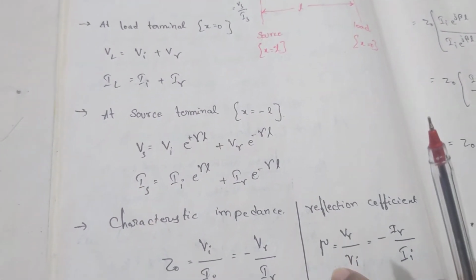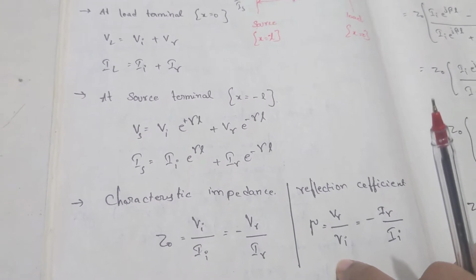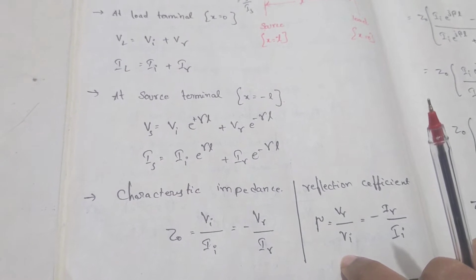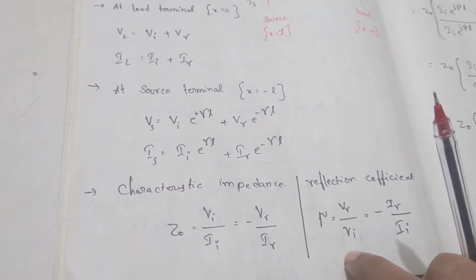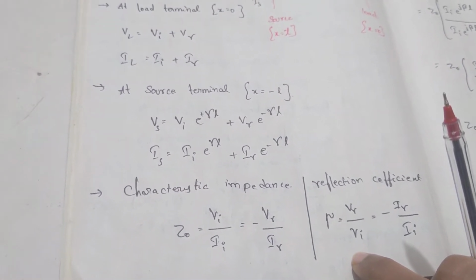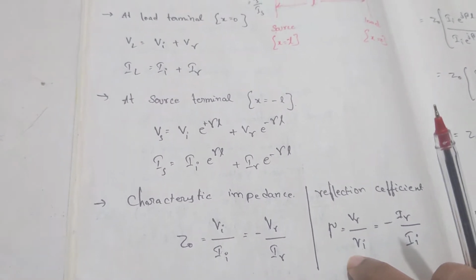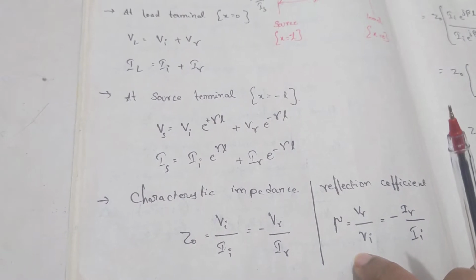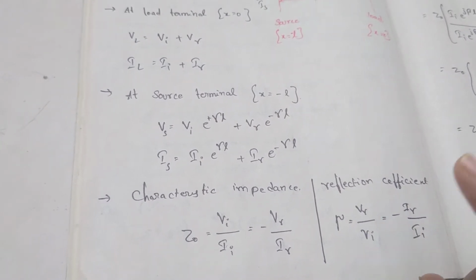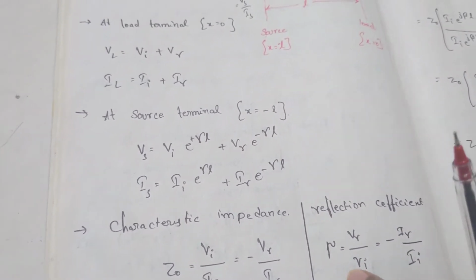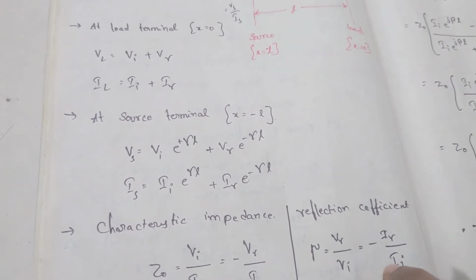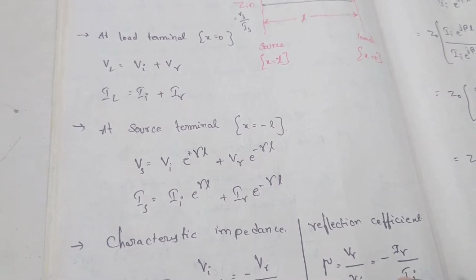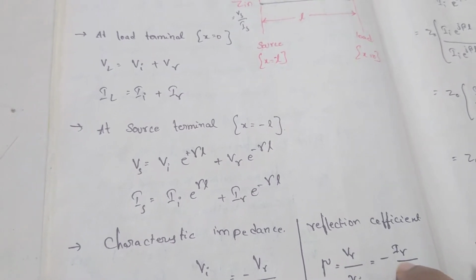As we know, the characteristic impedance Z0 is nothing but Vi divided by II or Vr divided by IR. So the ratio of voltage and current, either at the source end or load end, is your characteristic impedance, and the reflection coefficient is the ratio of reflected voltage to incident voltage.